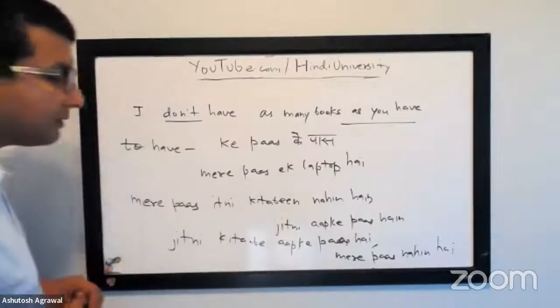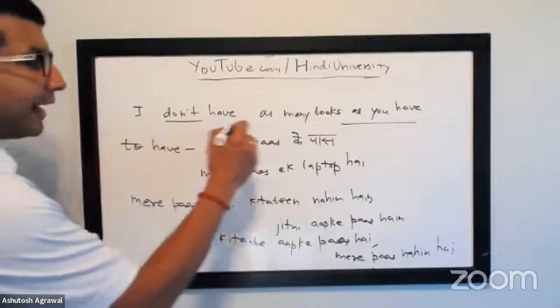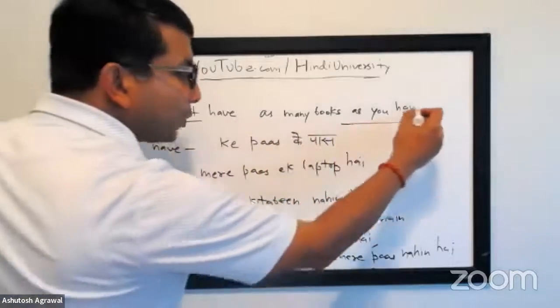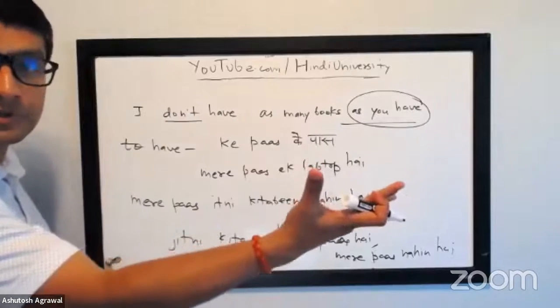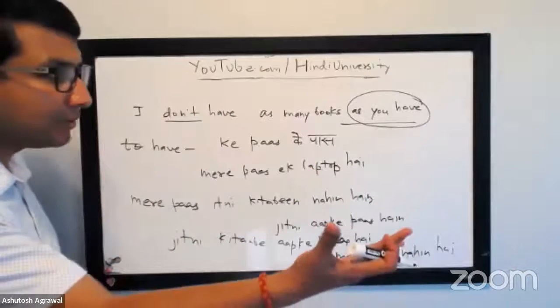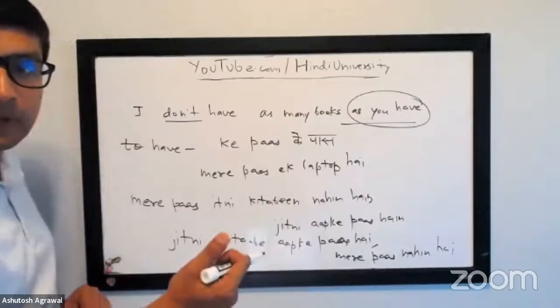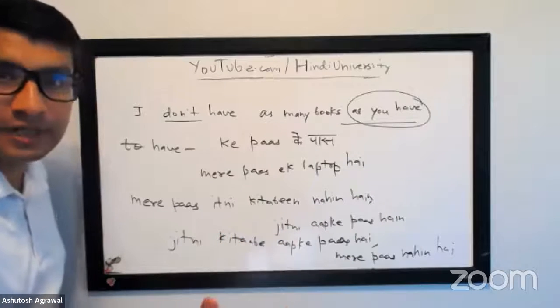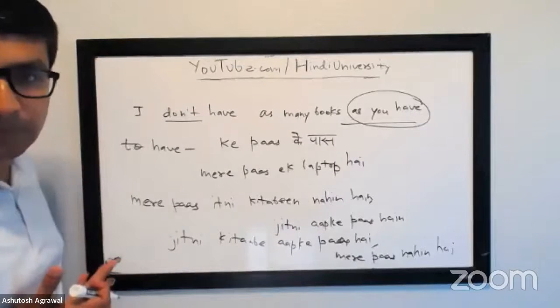Because what is the reference here, right? You're saying I don't have as many books as you have. So the reference is the other person's number of books. That's why it's like तुम्हारे पास जितनी किताबें हैं, okay? तुम्हारे पास जितना knowledge है, उतना मेरे पास नहीं है, right?